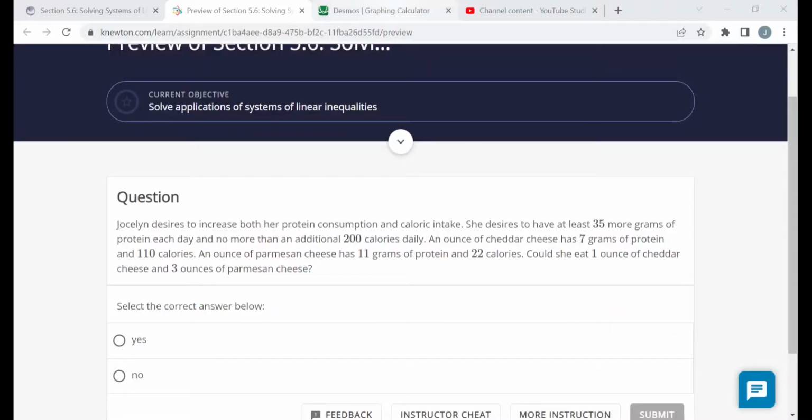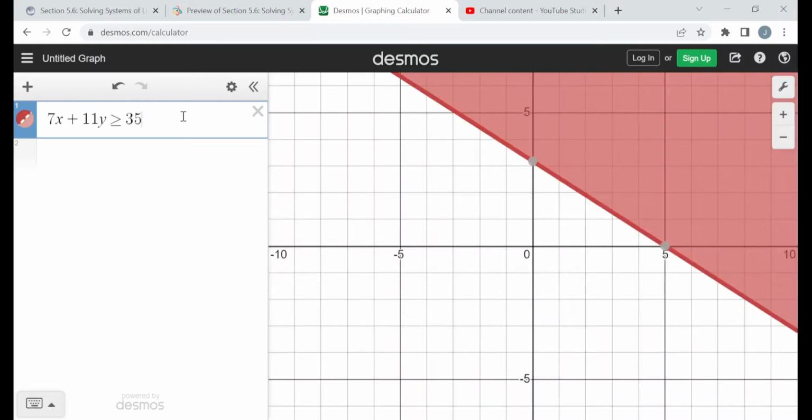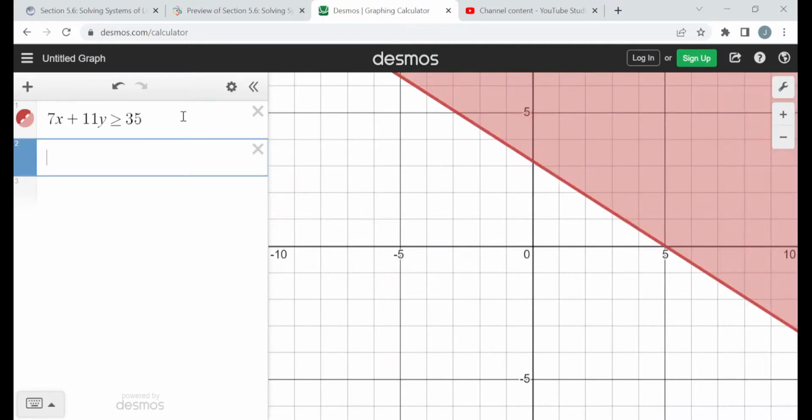All right, let's go to that Desmos site. You can enter inequalities. The two inequalities I had were 7x plus 11y is greater than or equal to 35. You see that shaded region there in red. Those are all the solutions of the first inequality.